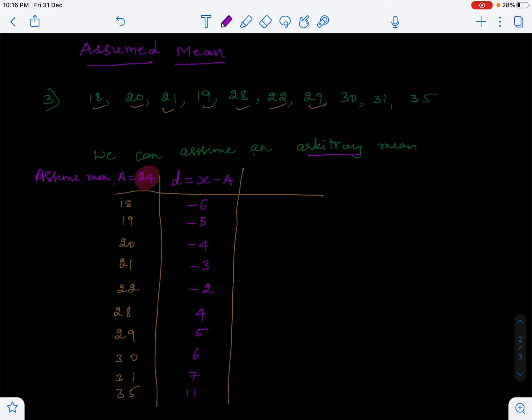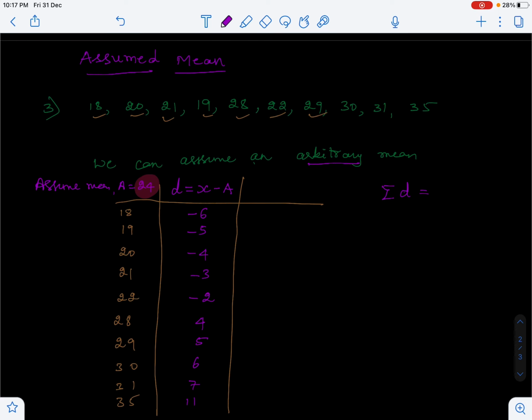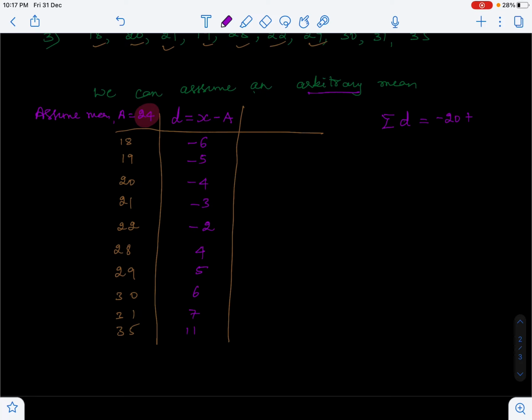Now I should find the summation of d, the sum of all the values of d. We get minus 20 plus 33, so summation of d is 13.